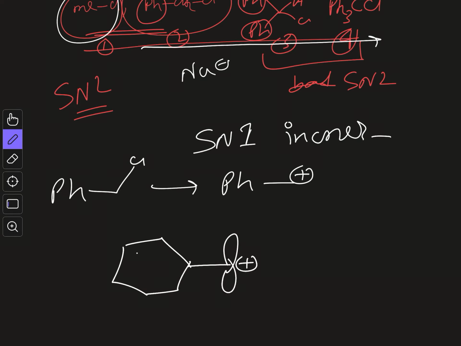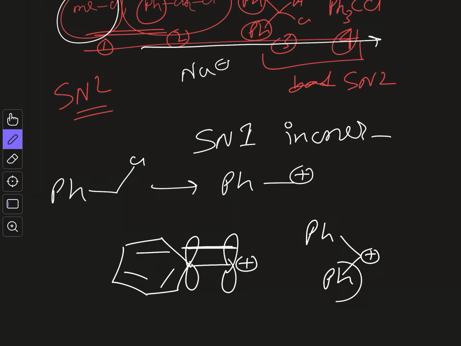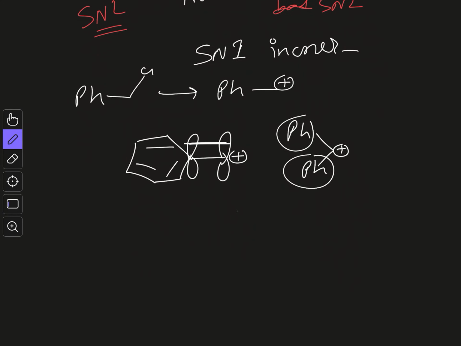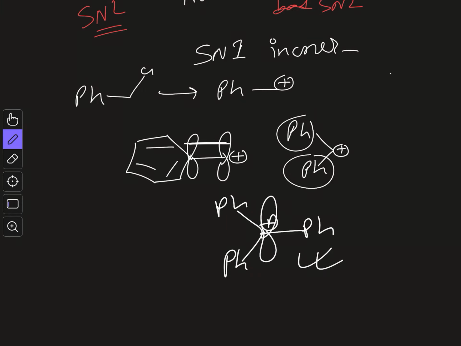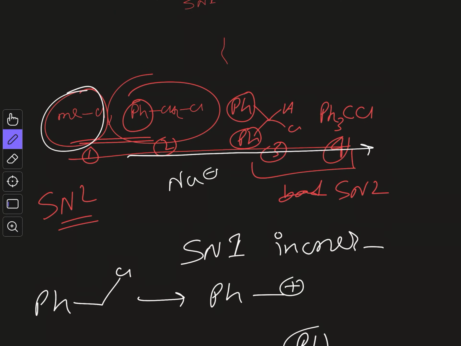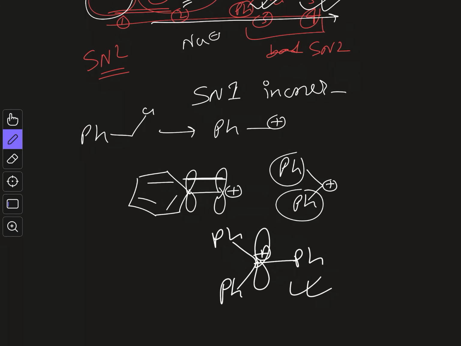This is your vacant p orbital, and your benzene ring has p orbitals, so there will be resonance. By this resonance it will be stabilized, and in Ph2CH plus, you have resonance from 2 phenyls, and in the other case you have resonance from all 3 phenyls. So this carbocation is very much stable. So for the SN1 reaction, this will show the highest rate, then this, and then this, as the carbocation is stabilized.